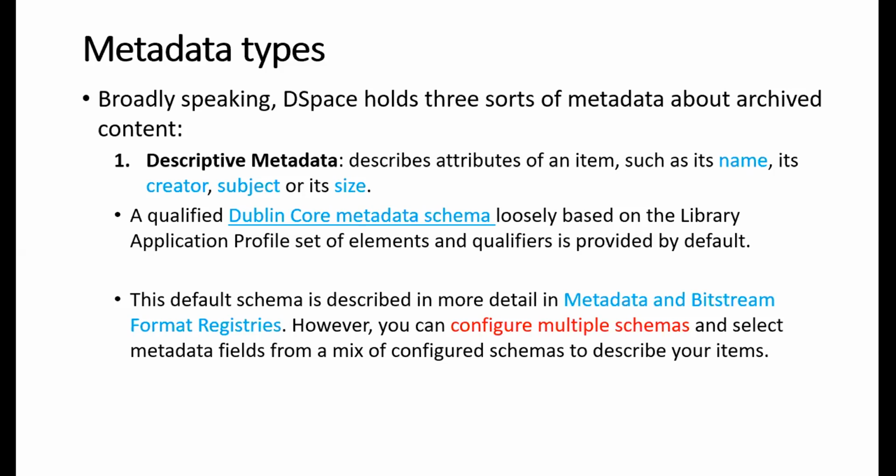Now, this type of metadata is built upon a particular standard, the qualified Dublin Core metadata, which I'll cover a little more in a bit. This default scheme can be found in more detail, which I'll show you in a bit as well, in a live repository, but you can go and check it out in your repository.